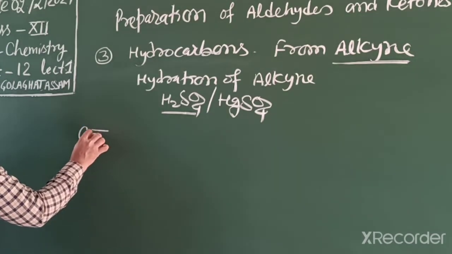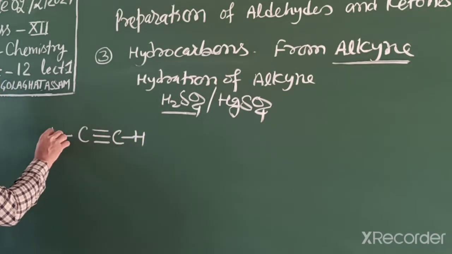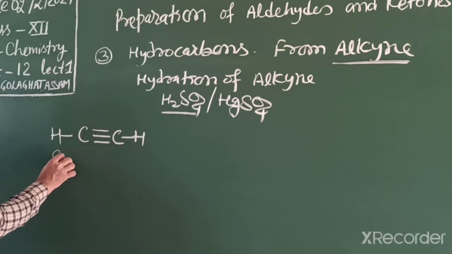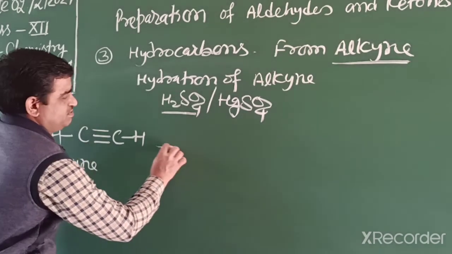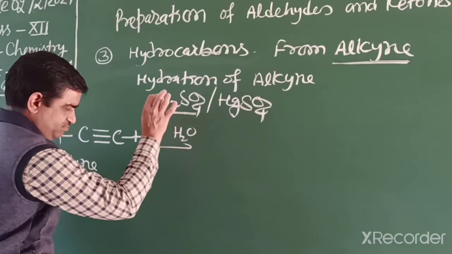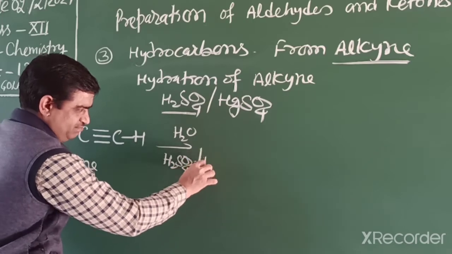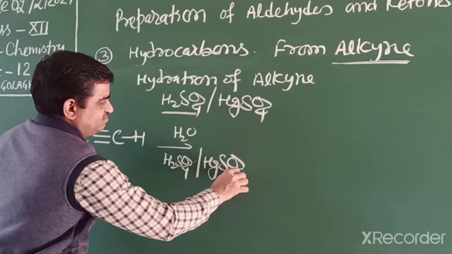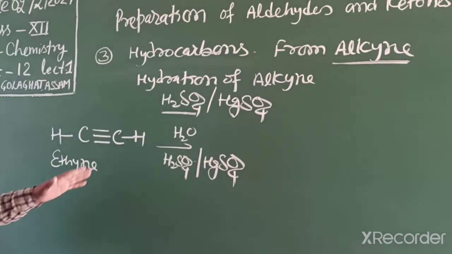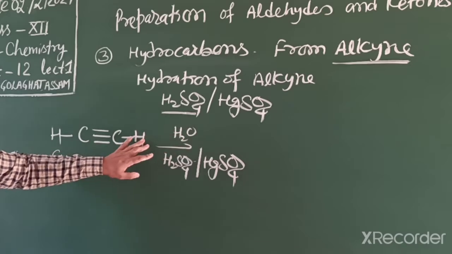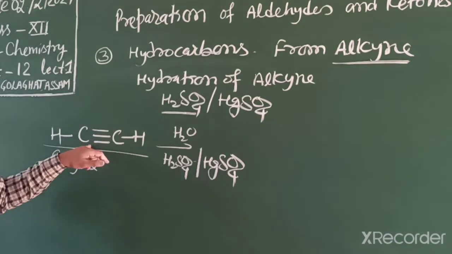So, if we take an example of the simplest alkyne, that is ethyne, 2 carbons. In the first step, addition of water in presence of dilute sulfuric acid and mercuric sulfate. What happens? Addition occurs according to Markovnikov rule. The highly electronegative element attaches to the carbon having less hydrogen, but this one is a symmetrical alkyne.